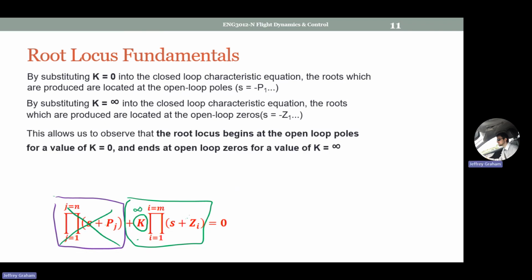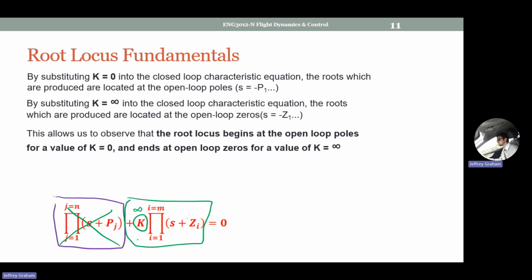What we need to do now is, obviously, we get the poles and zeros by setting k as 0 and k to be infinity. What we then need to do is put in some values for k when it's not 0 or infinity, somewhere in between, just so we can get a grasp of what's going on.